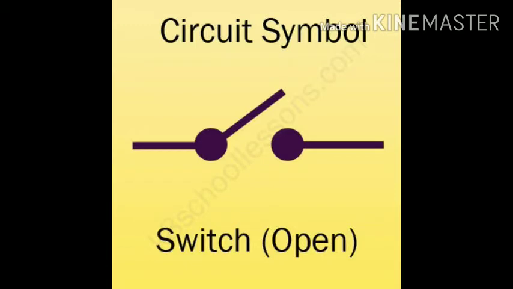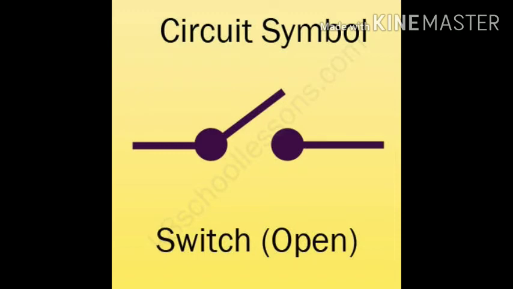Next, what is the next symbol you can see in a circuit? Yes, in a circuit you can see a switch. So what is a switch? Switch is a device which is used to open or close a circuit, or on or off. How can we represent a switch? It is a key.